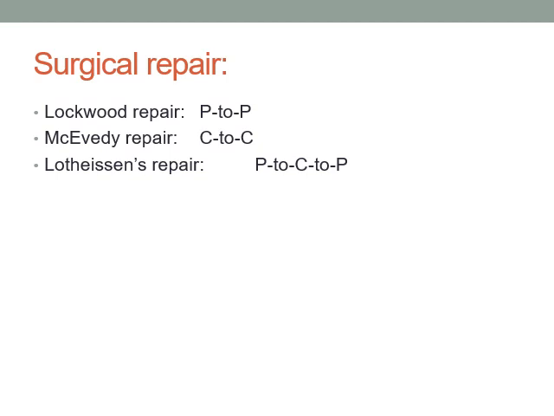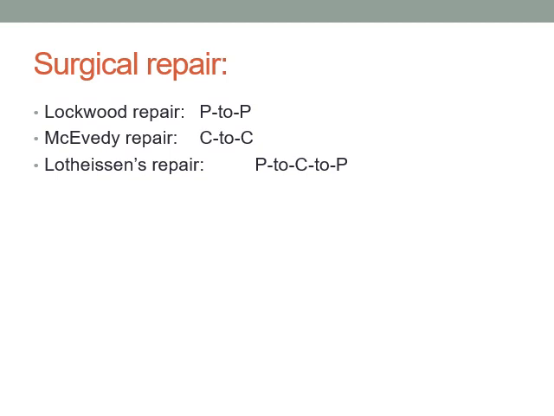How to repair a femoral hernia? We have three types of repair, either B2P or C2C or B2C2P. B2P is the Lockwood repair or the low approach. You close the femoral ring by suturing the Poupart ligament anterior to the pectineal ligament posterior.